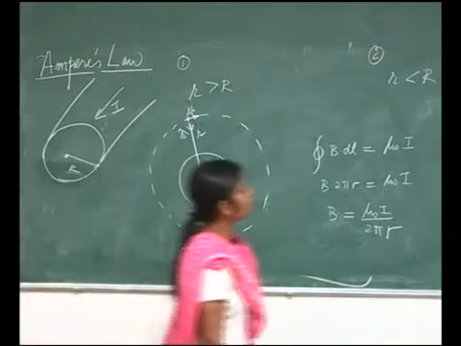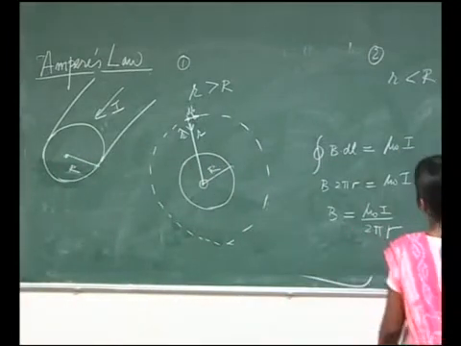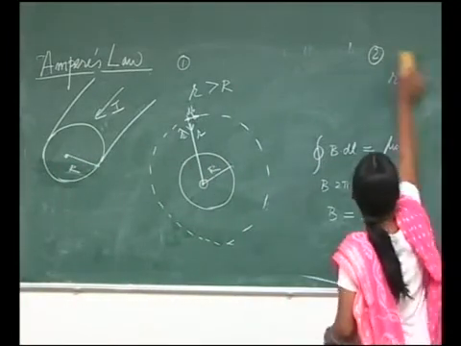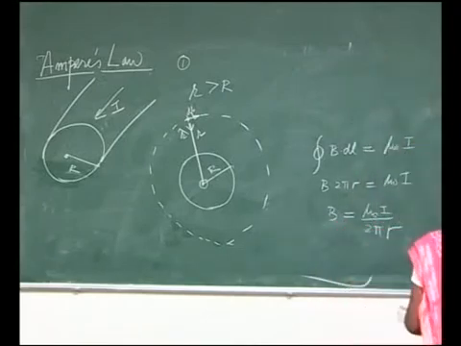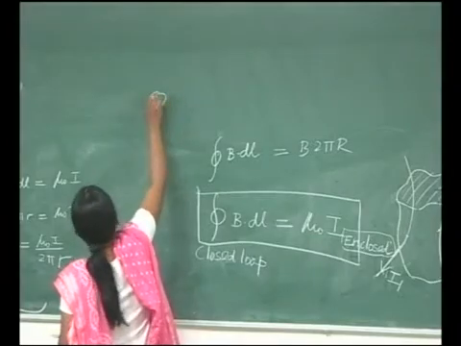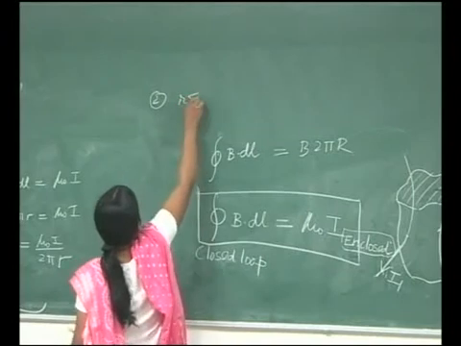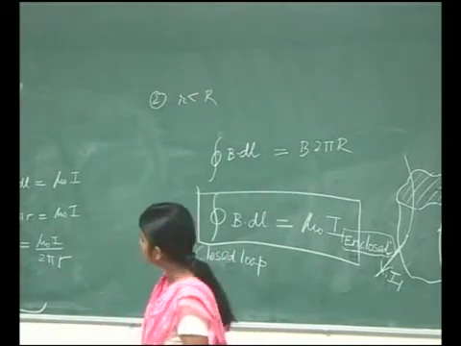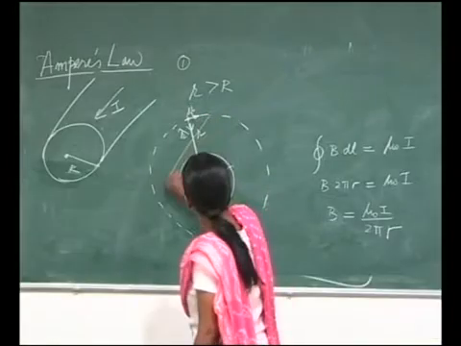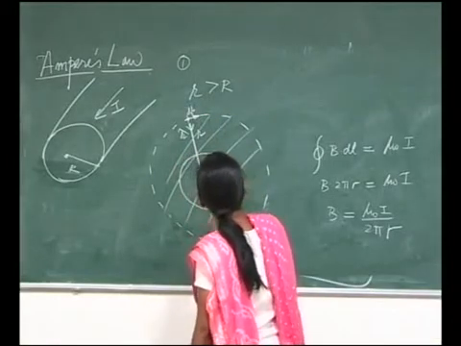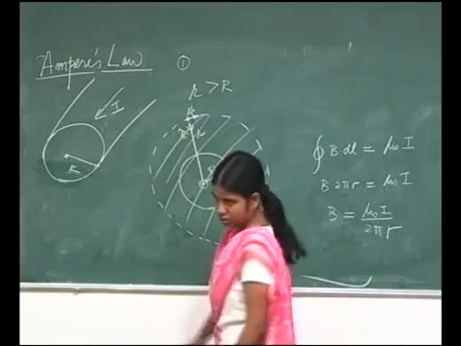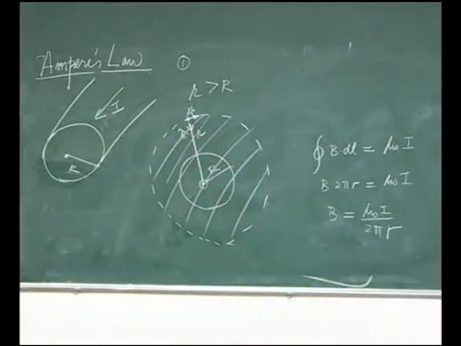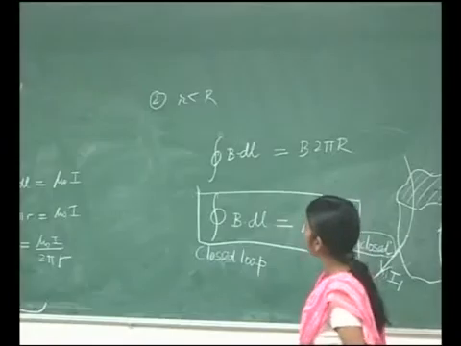Now we go to case 2. So case 2 I will draw here. For case 2 my condition is r should be less than R. So naturally, what was the open surface here? The open surface attached to this closed loop was this area, like a soap film on a closed wire loop.